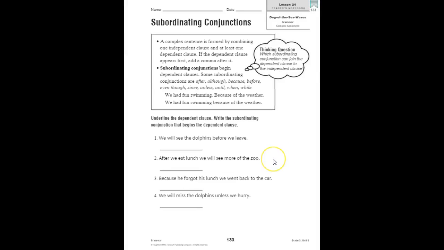And then on subordinating conjunctions, you're going to underline the dependent clause and then write the subordinating conjunction that begins that clause on the line. Remember, all the information that you need that we had exactly like on the projectables, including your thinking question, are up top. Make sure to have your learning adult check your work on both page 132 and 133.